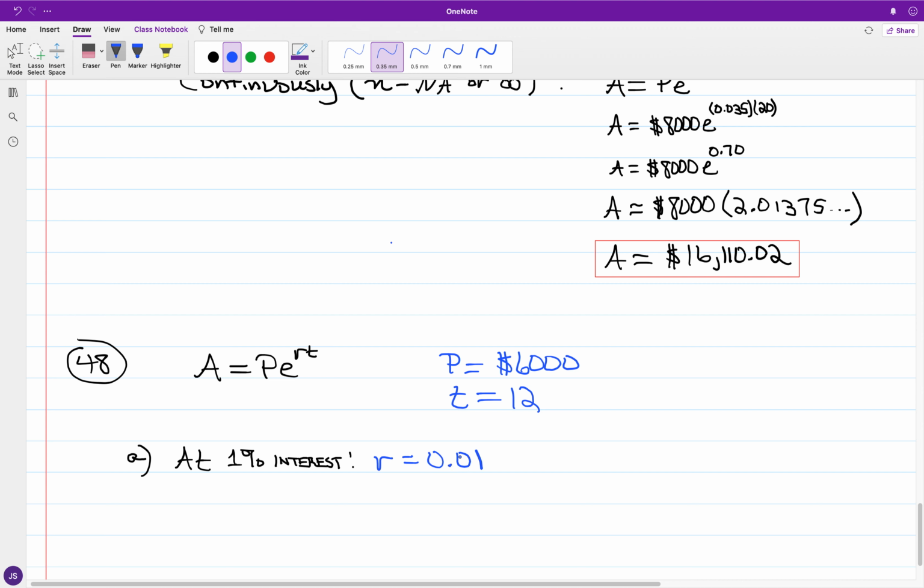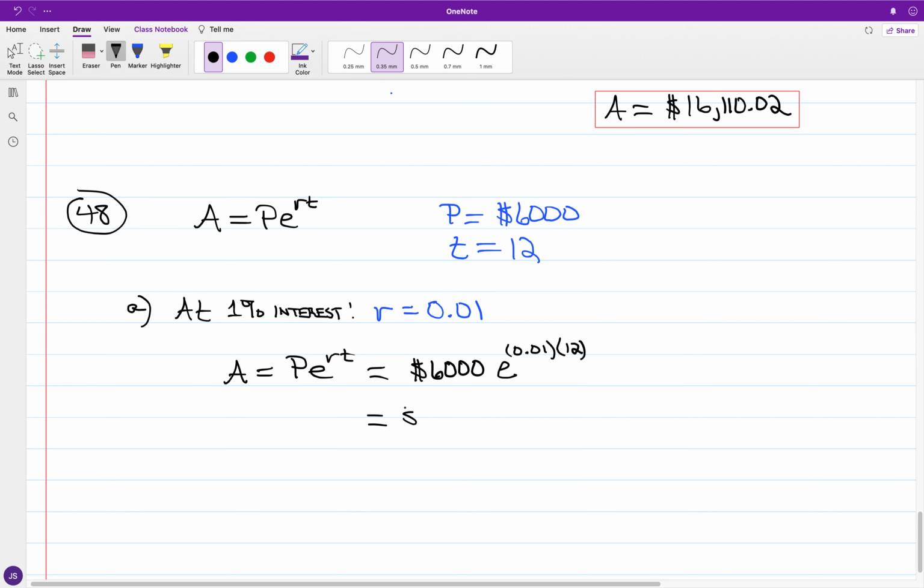And so for the future value after 12 years, where interest is compounded continuously at 1%, that's $6,000 times e to the 0.01 times 12. So you have $6,000 times e to the 0.12.